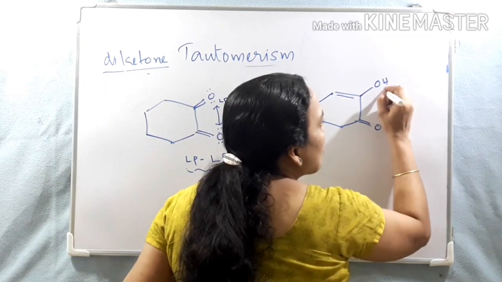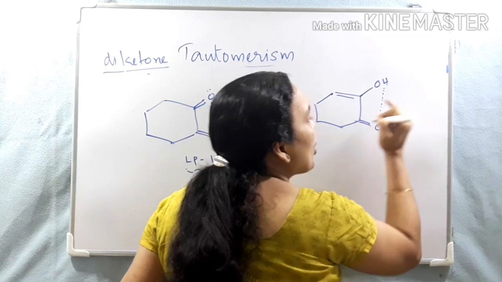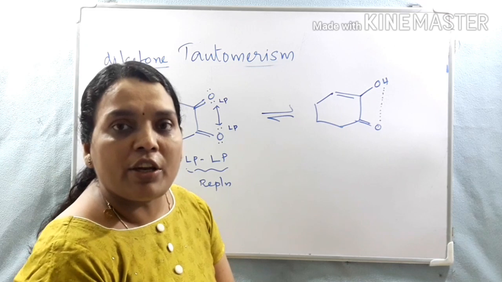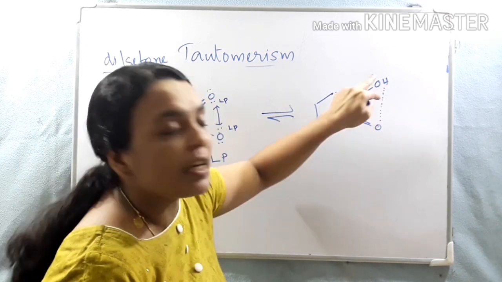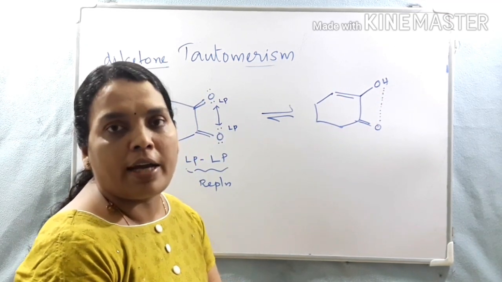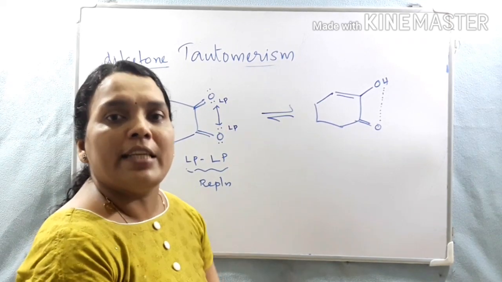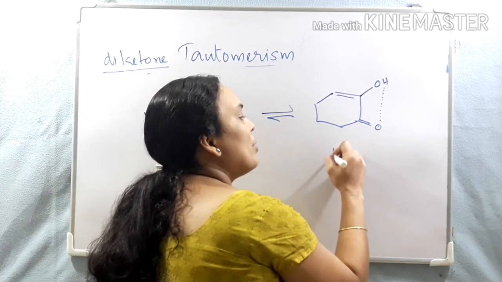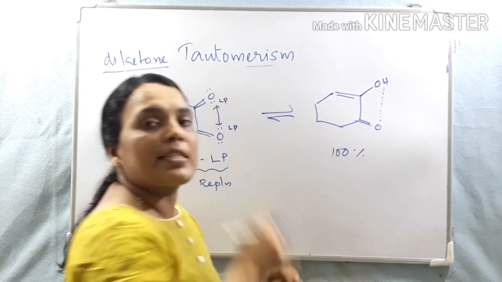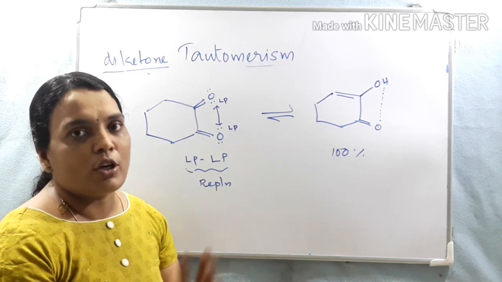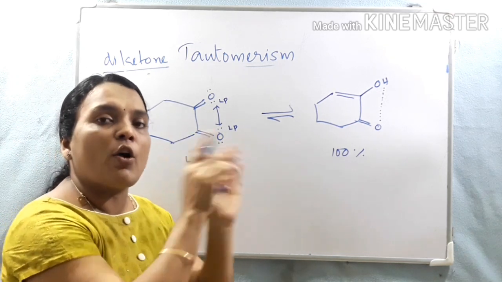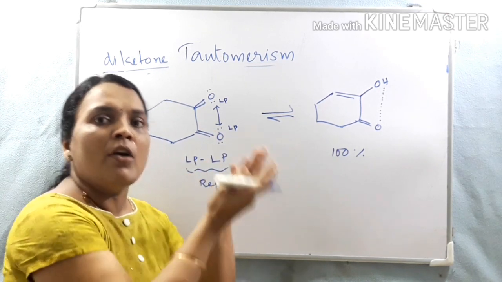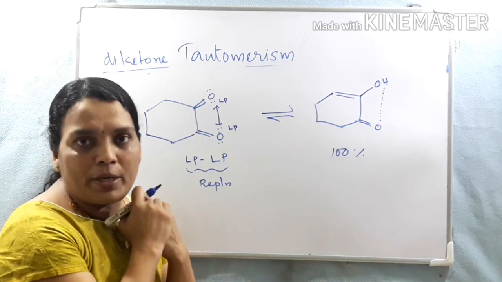and it forms an enol form. If it is converted to enol form, there is a possibility for intramolecular hydrogen bonding. So stability increases. So this will be the major product. So almost 100% of enol form is present in this case. Got the difference? We observe in the open system diketone, where carbonyl groups are present on adjacent carbons, keto form is more stable.